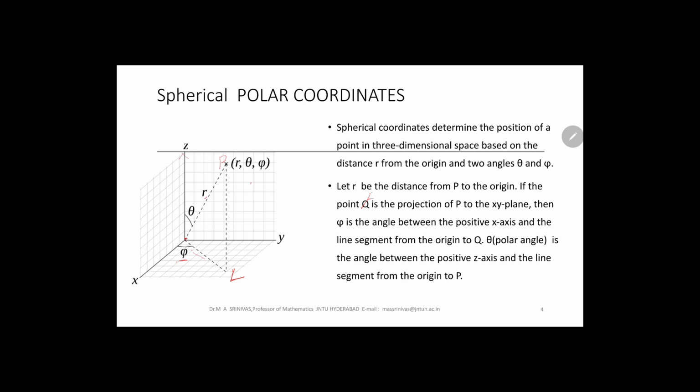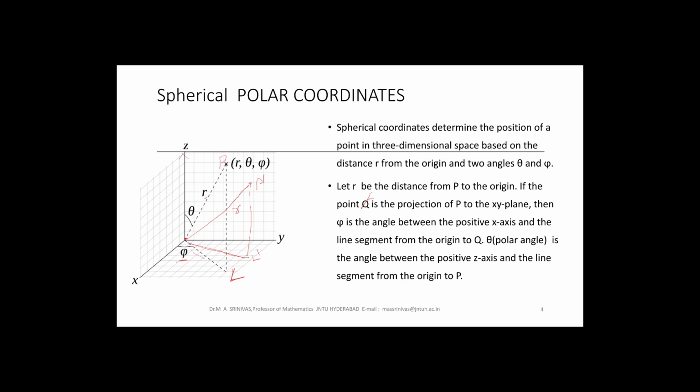If some other point is given here, it will have a different projection, and from the origin to that projected point, if this point is P dash, L dash is this. This is the distance from the origin to P dash, and this OL dash makes an angle phi 1 with the x-axis, and this OP dash makes an angle theta 1 with the z-axis. Then r1, theta 1, phi 1 will be the coordinates of this point.